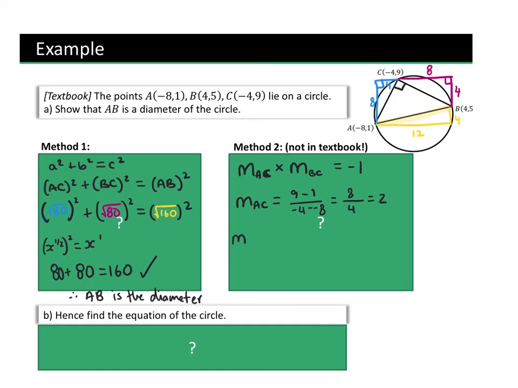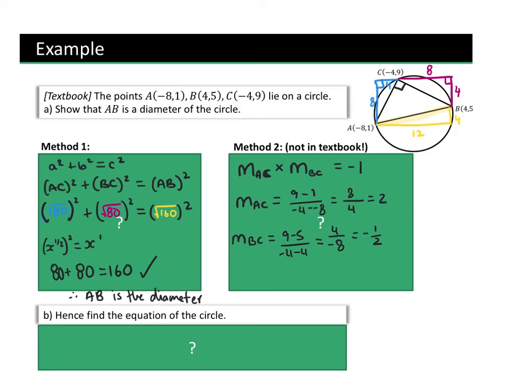The gradient of BC equals, so 9 minus 5 is 4. Oh, wait there, I didn't write it down. 9 minus 5 over -4 minus 4 equals, what is 9 minus 5? It is in fact 4. -4 minus 4 is -8, which equals -1/2.